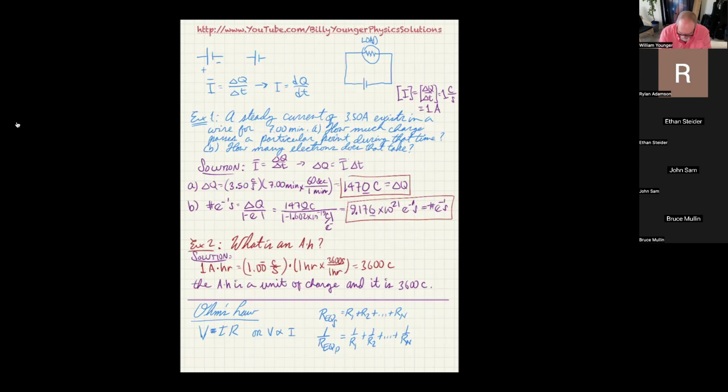Now, with V equals IR, ohmic devices would be things where you can plot V on the vertical axis and I on the horizontal axis, and for them, you would get straight lines. Those are all ohmic devices. There are, of course, things that aren't ohmic.